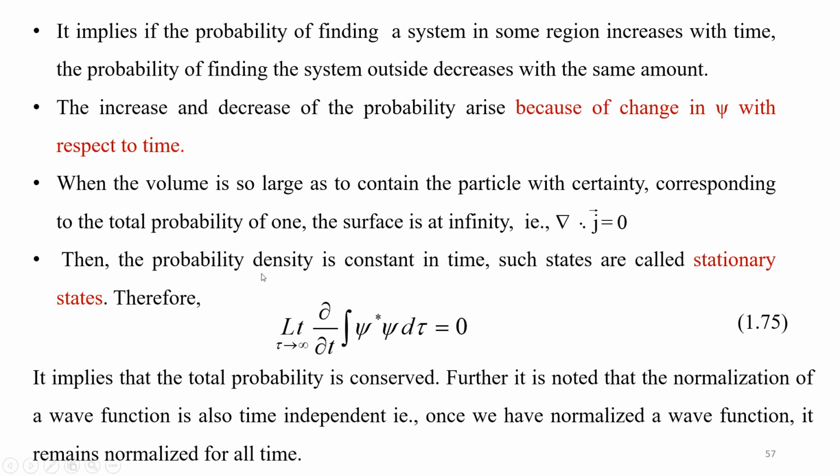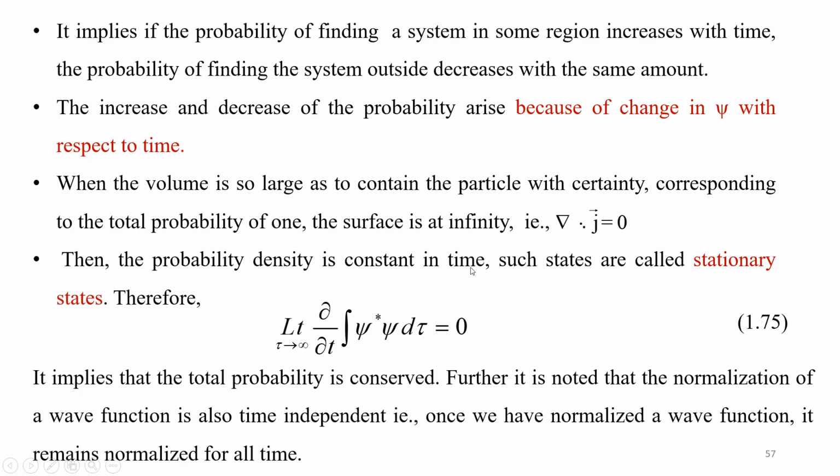It implies that if the probability of finding a system in some region increases with time, the probability of finding the system outside decreases by the same amount. The increase and decrease of the probability arise because of change in psi with respect to time. When the volume is so large as to contain the particle with certainty, corresponding to the total probability of 1, the surface is at infinity. So it implies that del dot j equals 0. Then the probability density is constant in time.